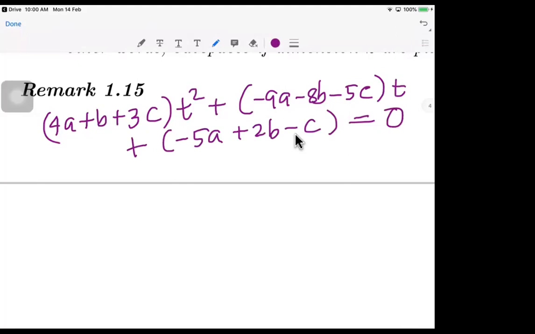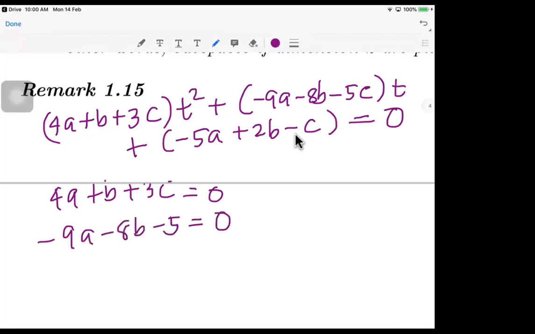So if we can show that 4A plus B plus 3C is 0, minus 9A minus 8B minus 5C is 0, and minus 5A plus 2B minus C is 0, then A, B, and C are 0.